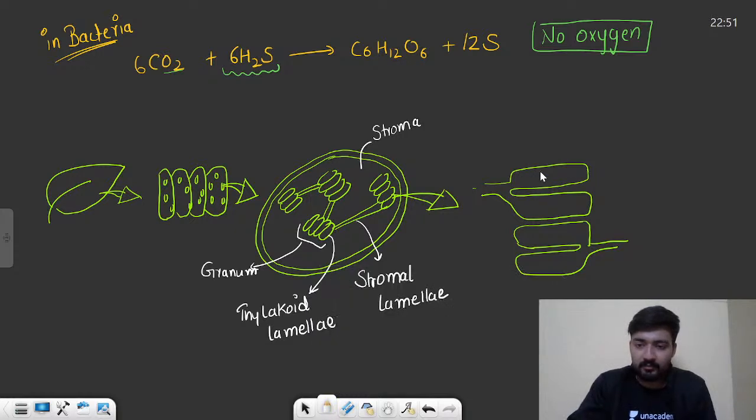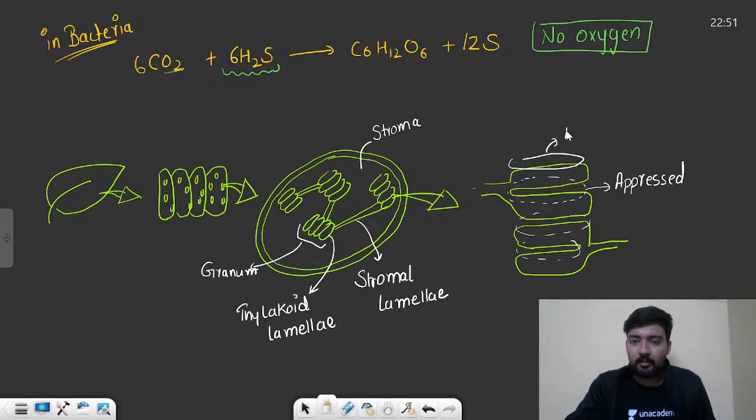The first region is this, where all these regions are appressed, so they are called the appressed region, right? They are not open. And this region is the open region, the non-appressed region, something we will talk about.